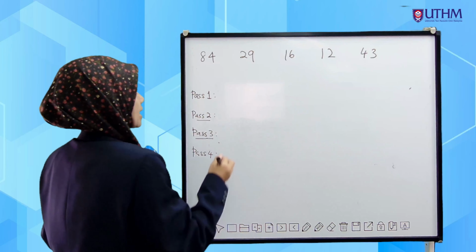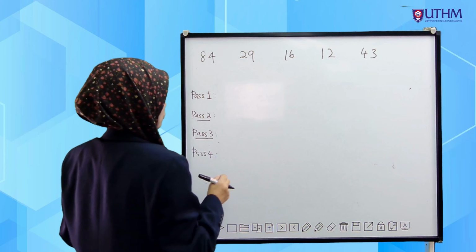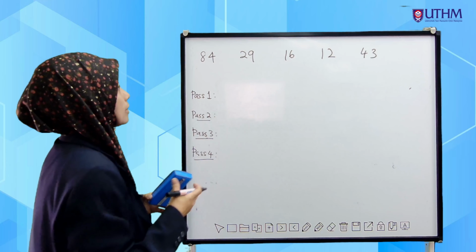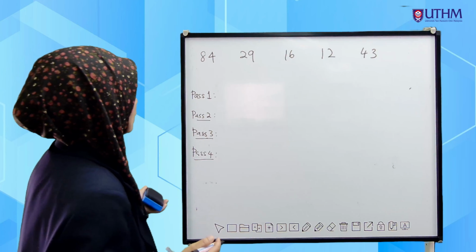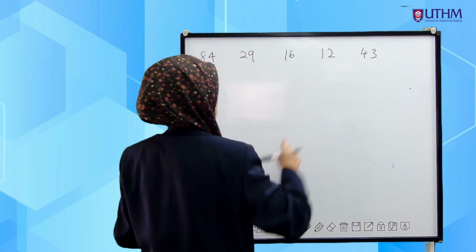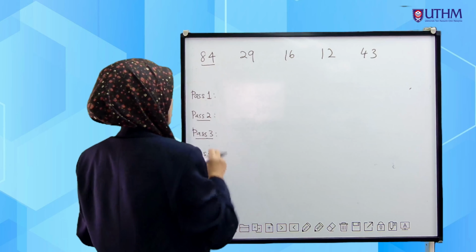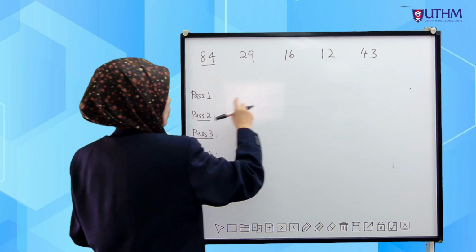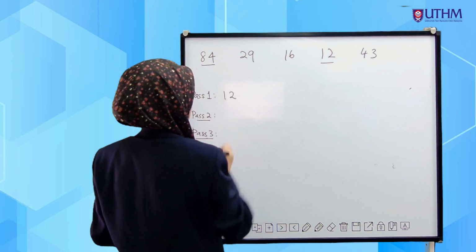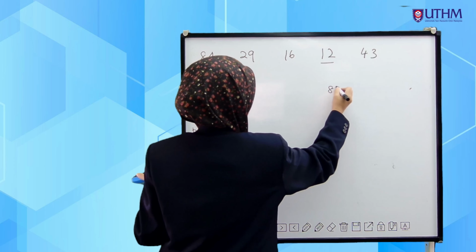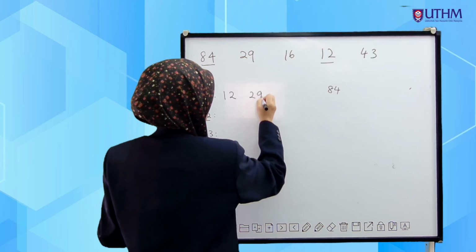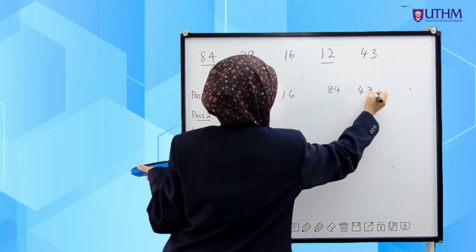Since we have 5 values, we will go through 4 passes. This is our first position. Find the smallest value to swap with the value in the first position. We are going to swap 84 with 12. So 12 would be in the first position and 84 will be in the 4th position. The rest of the values you can just copy accordingly.